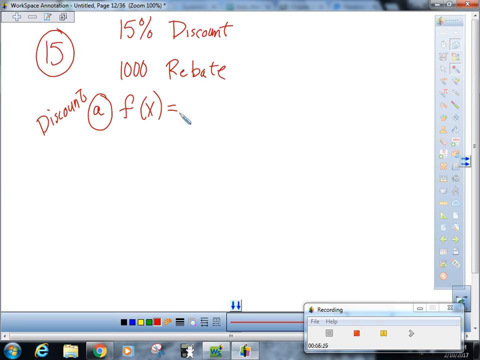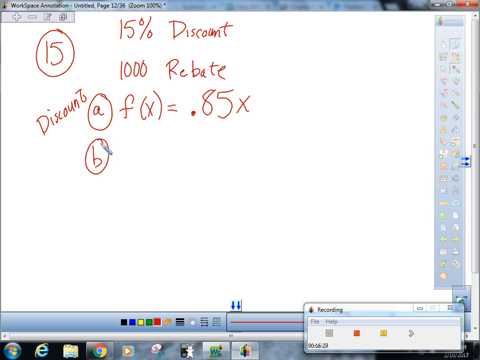So, I don't know that you would be able to come up with this on your own, but hopefully you can very soon. F of x is 0.85. Where did I get that 0.85? 85% of x, where x represents the price of the truck. Is it a truck? Car. Okay? So that's A.